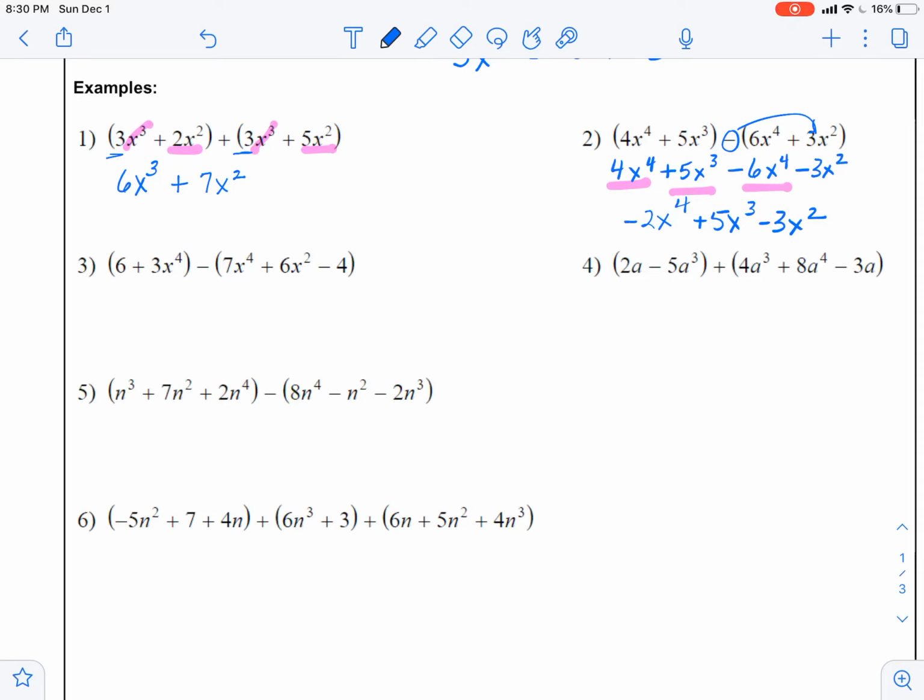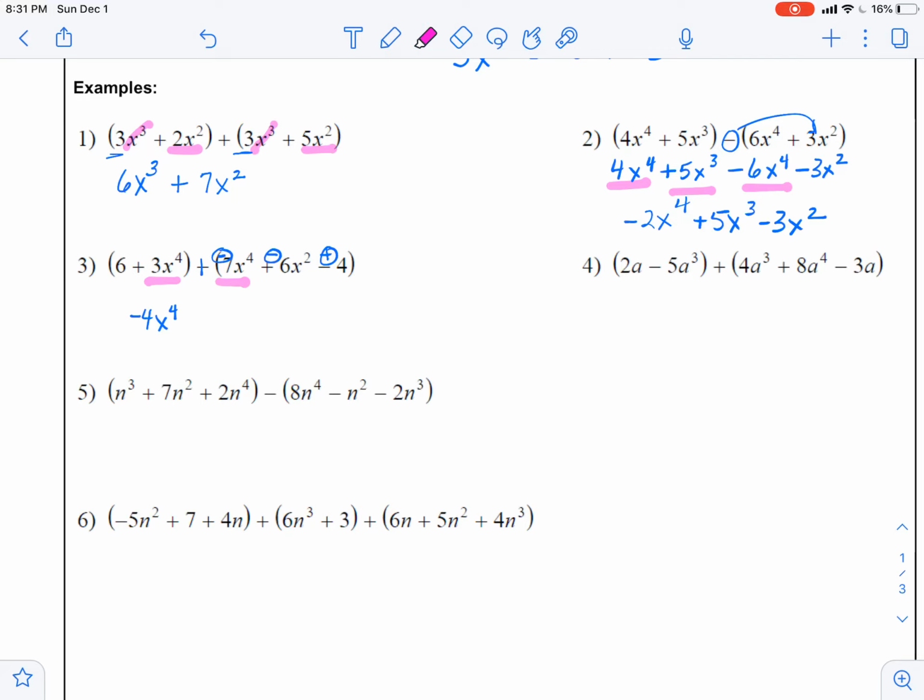The other option, if you're not going to rewrite as I showed you on number 2, is to always be sure that you add the opposite. When I do that, a lot of times I will circle my sign so that I know which sign goes with my number. Then go through and find your like terms. In this case, I have x to the fourth terms, so that is 3 minus 7, which would be a negative 4x to the fourth.